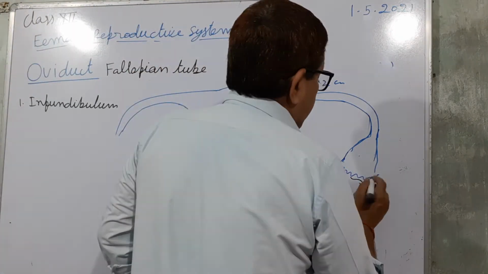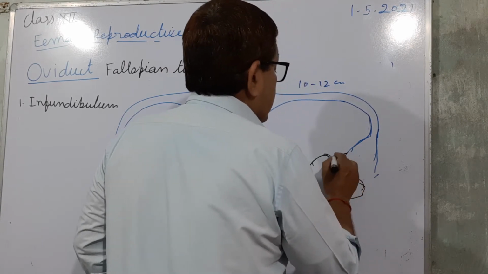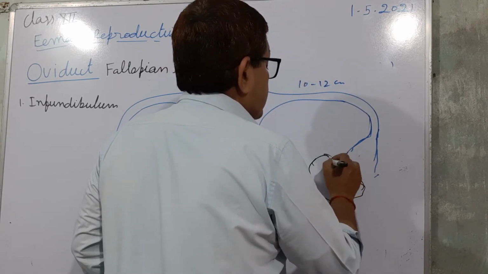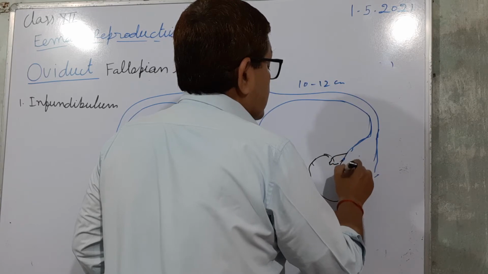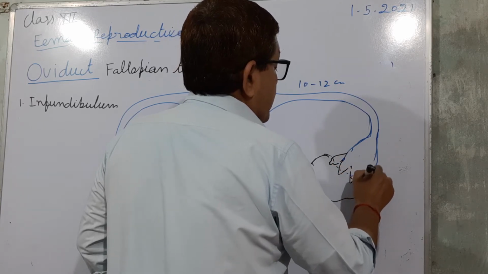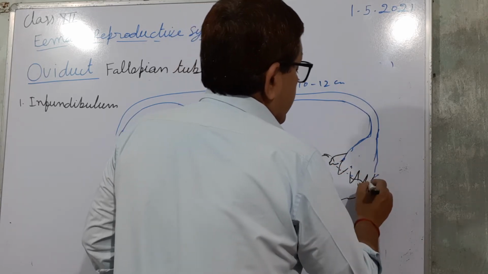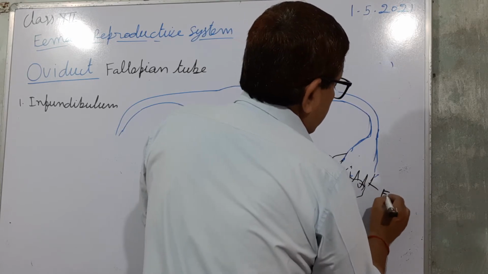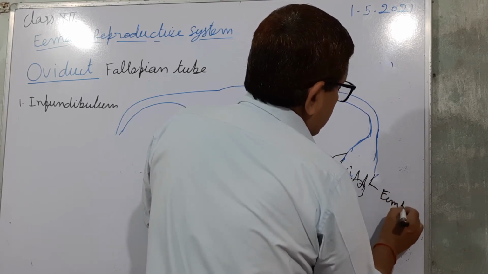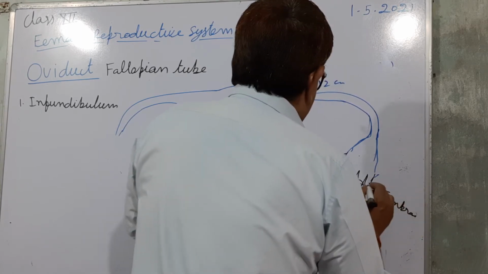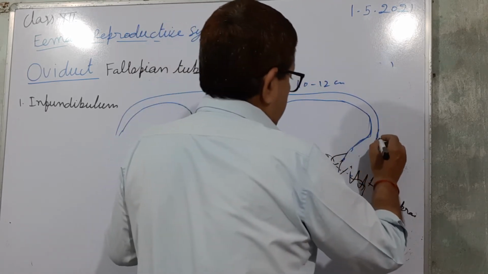These are finger like structures called fimbriae, and this structure is called infundibulum.